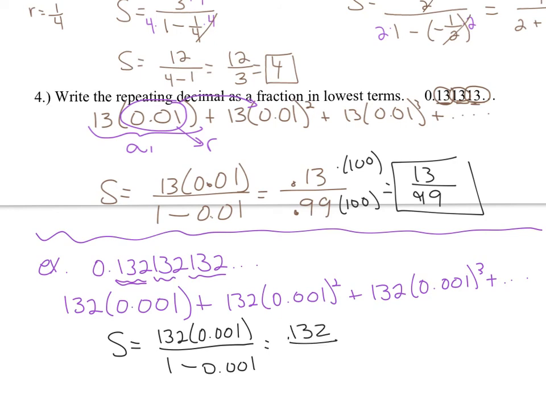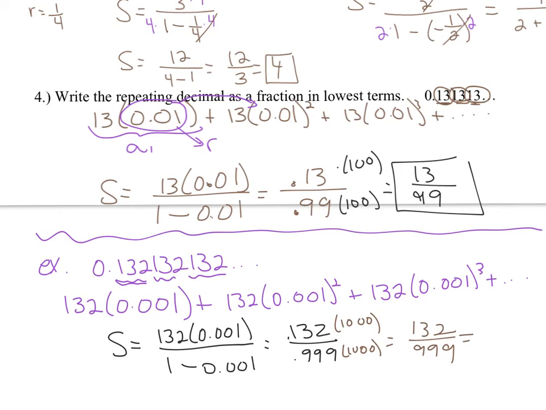And then this gives us 0.132 over 0.999, multiplying in this case by 1000 to clear out the decimal. You get 132 divided by 999.